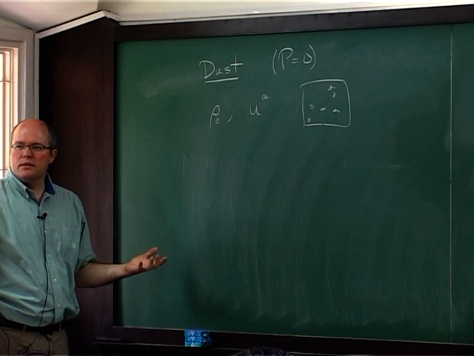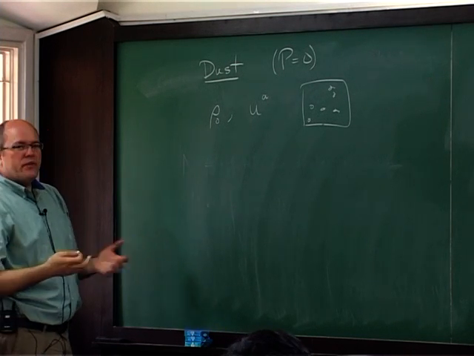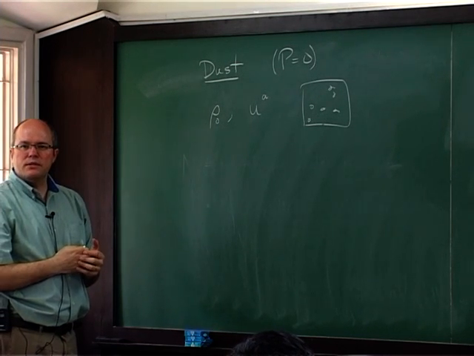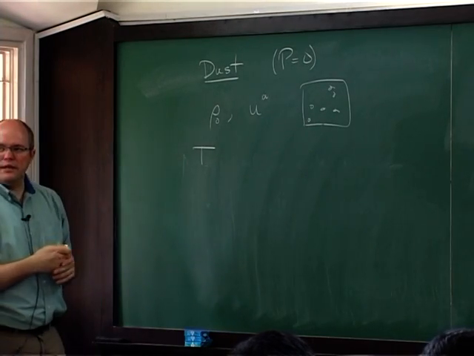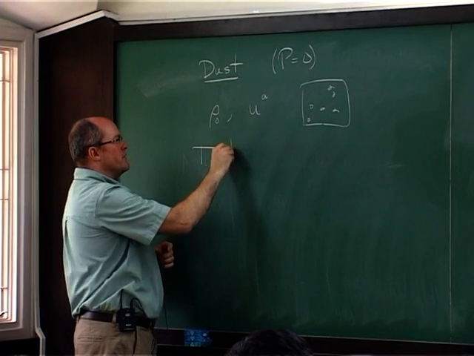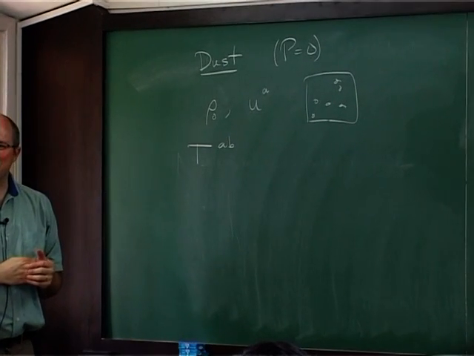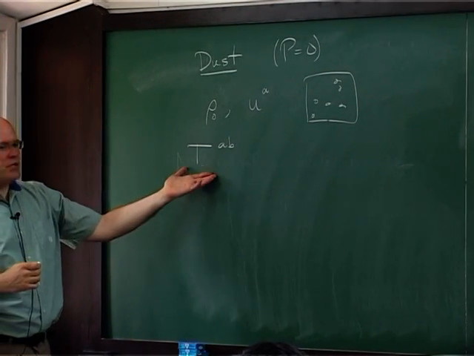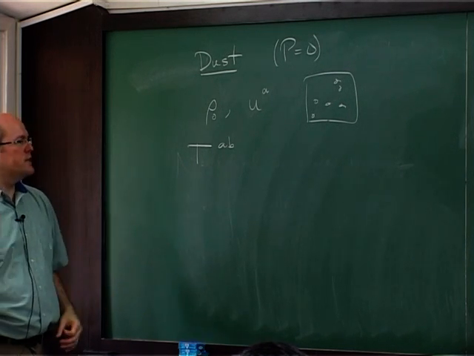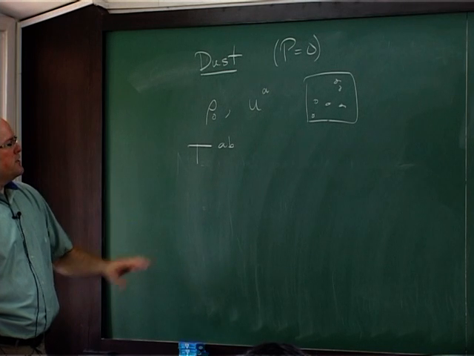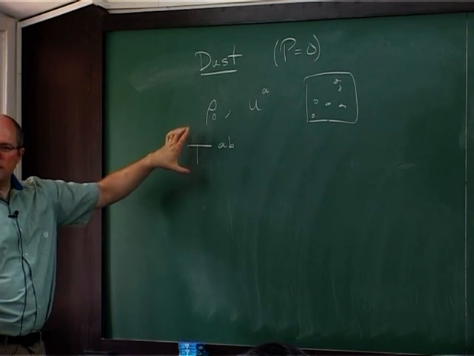And that's about it. There's really nothing else I can use to describe this system. So I now need to think about a stress energy tensor, T, not the temperature, of course, but T with 2 indices. A stress energy tensor tells me about the energy, the momentum, and the internal stresses in the system. This is a rank 2 object, and it has to be covariant.